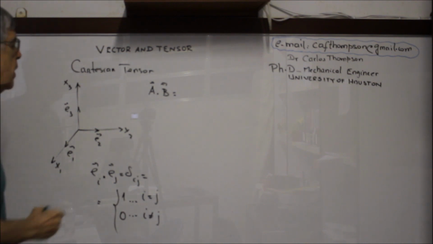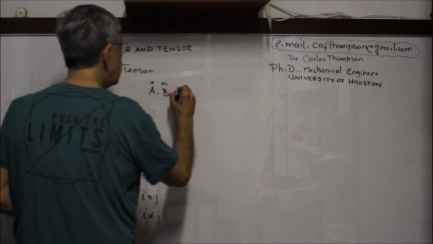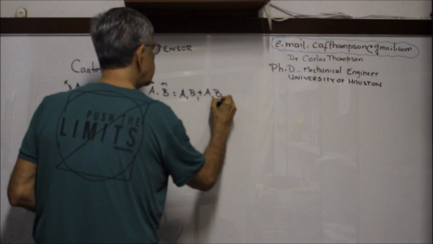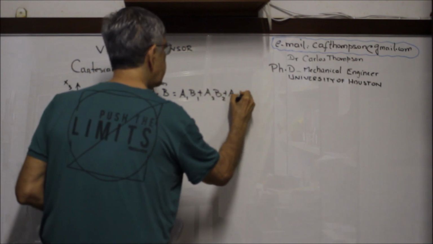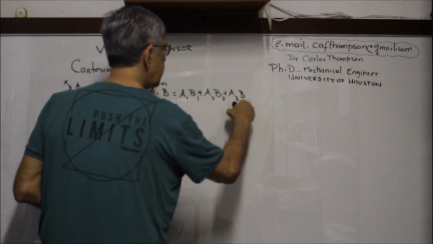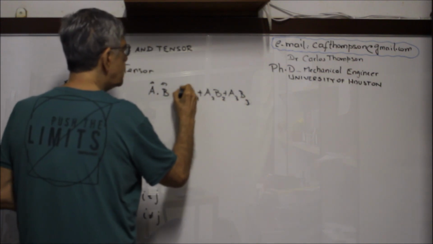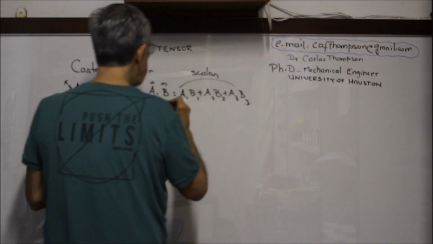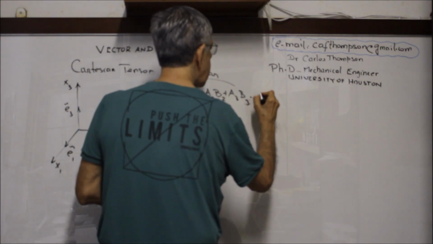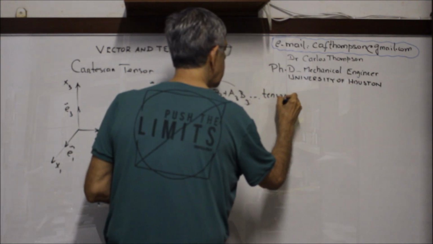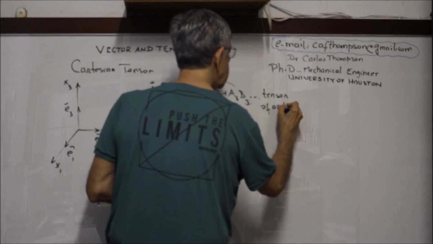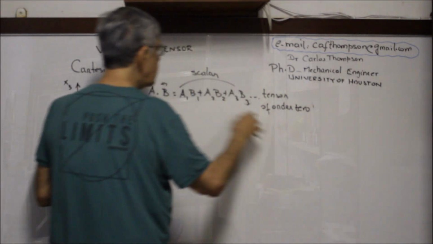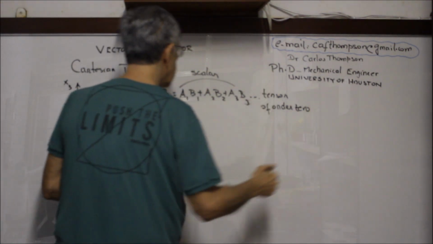We saw this before. So here you have A1 B1 plus A2 B2 plus A3 B3. This is a scalar. It's a number. So we say that this is a tensor of order 0. A scalar is a tensor of order 0.